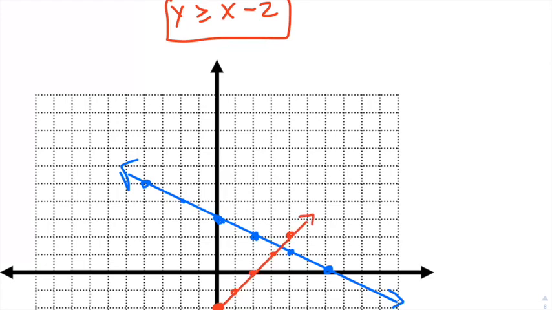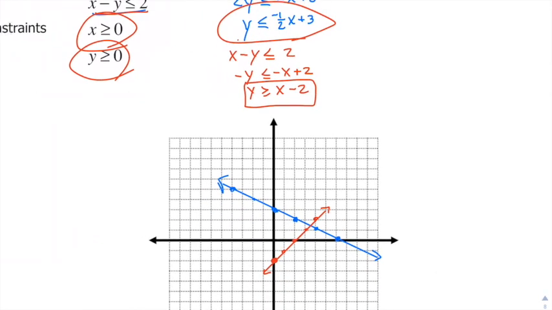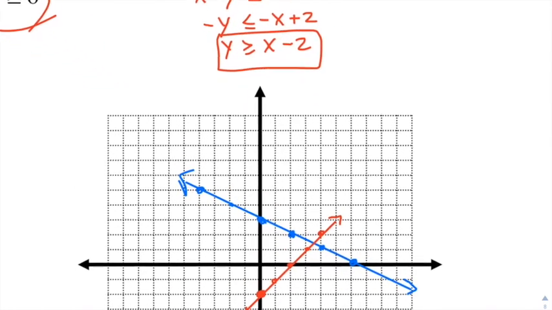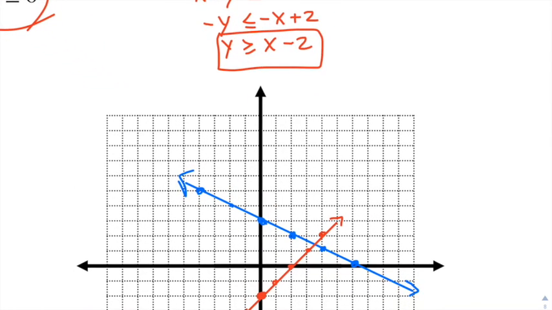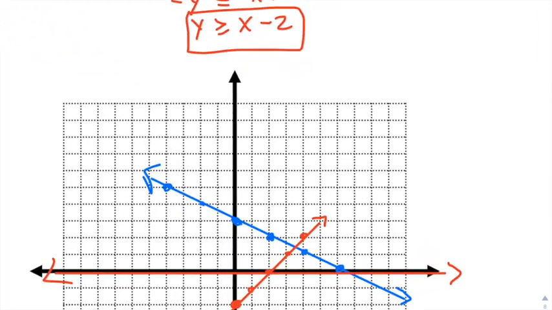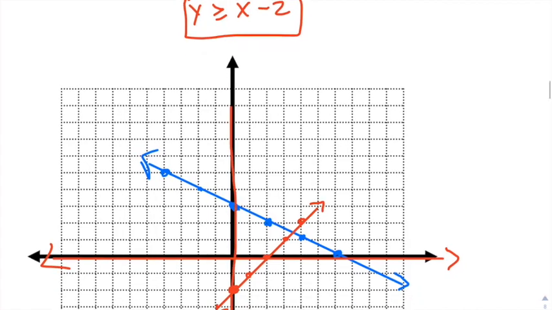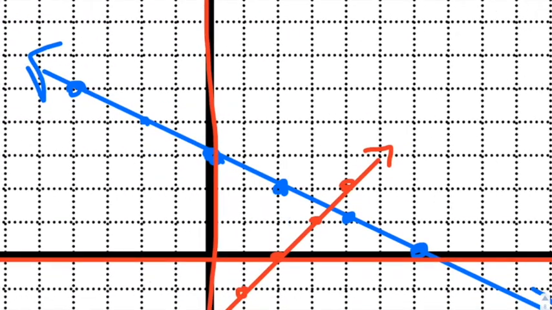So there we go. And then we also have y is greater than 0. So that's going to be the x-axis right here. And then x is greater than 0, so that'll be that. So the feasible region we're looking for is going to be right here.